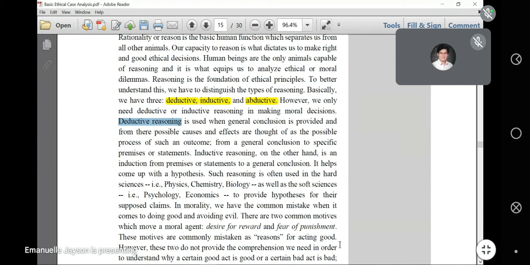I'm not promoting stealing, no? Pero like I said a while ago, I'm not promoting stealing, pero when it comes to ethical moral dilemmas, when you really are faced with a life or death situation, you would normally choose the lesser evil.